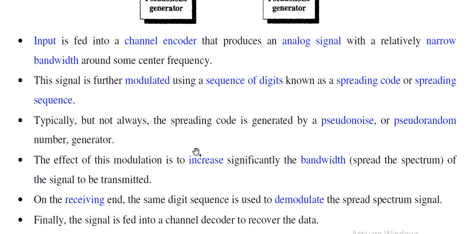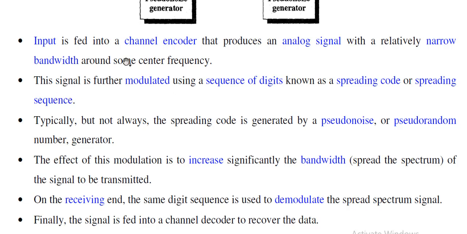So to re-explain what we have said, the input is first fed into the channel encoder to produce an analog signal, especially if you are using FSK or ASK or PSK, with a relatively narrow bandwidth, which means that the original bandwidth is only the required bandwidth for an analog signal. Then we need to spread this bandwidth to make it wider in order to gain immunity against jamming.